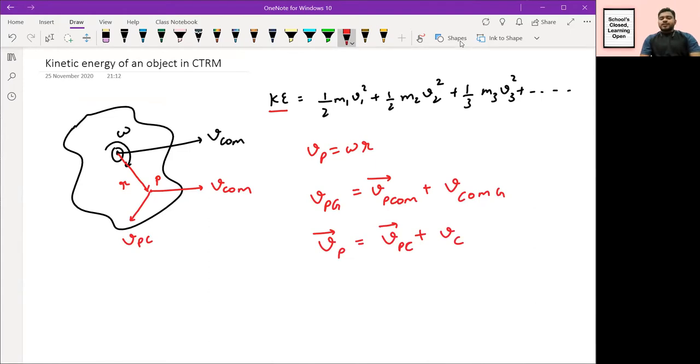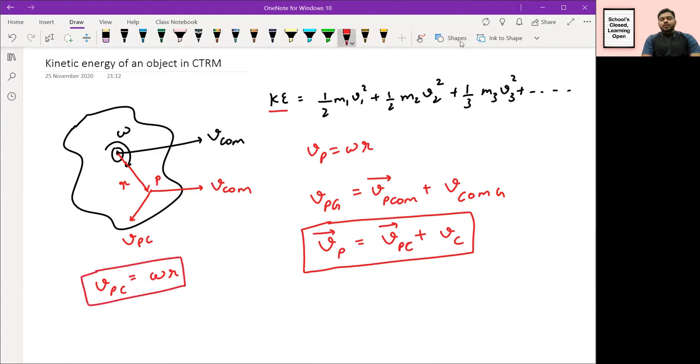We don't generally write ground, right? So this is the general velocity of any particle, where Vpc is velocity of particle with respect to center of mass, and that will always come out to be omega r, and this will always be perpendicular to r, correct? So we got the velocity of every single particle. We will do the vector addition, obviously.